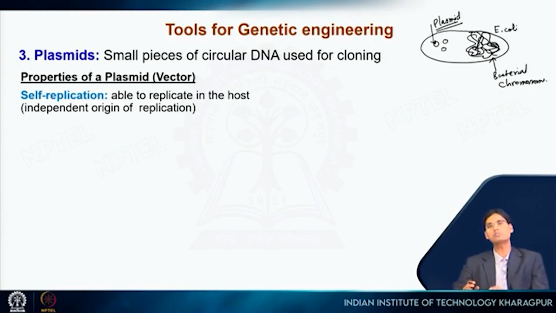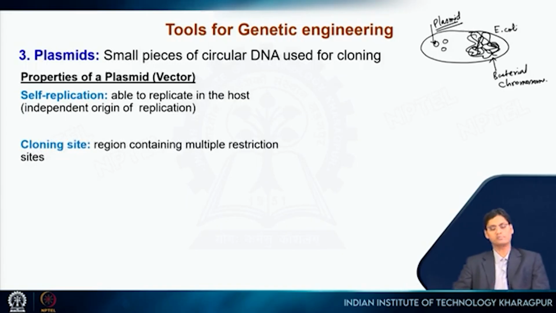Whenever that chromosome replicates into 2, the bacteria will divide into 2 also. So all the time, every bacterium has one chromosome only. Now, this plasmid's replication is independent of chromosome replication. As a result, the number of plasmids can be more in one bacterium. It might contain only one chromosome, but it can contain multiple plasmids inside the bacterial cell.